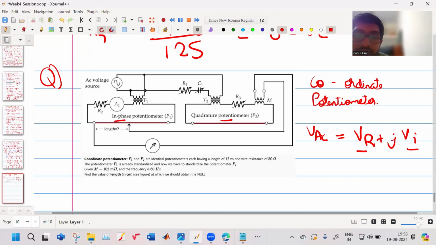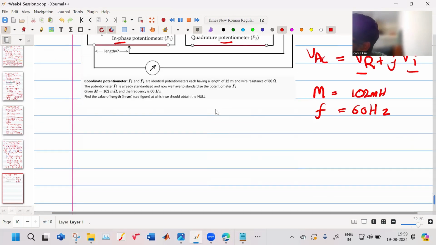What we want to do is change the currents. We know M is equal to 102 millihenry, and the frequency is 60 hertz.